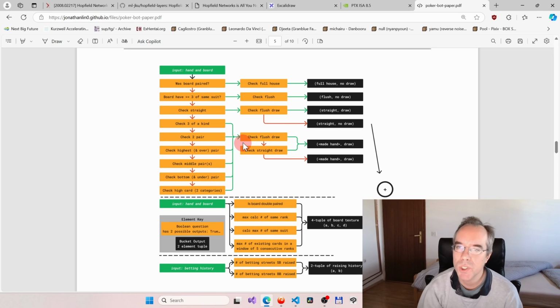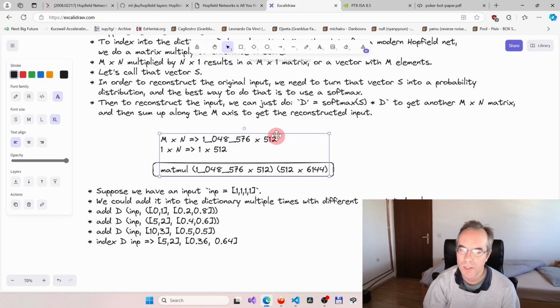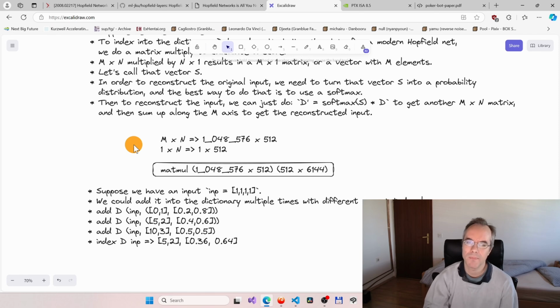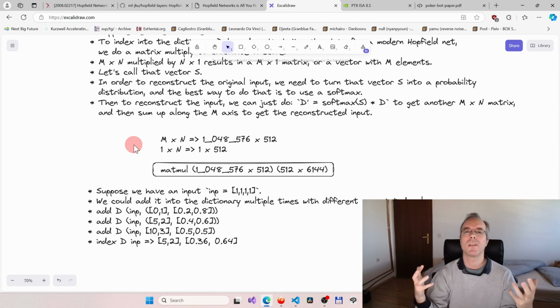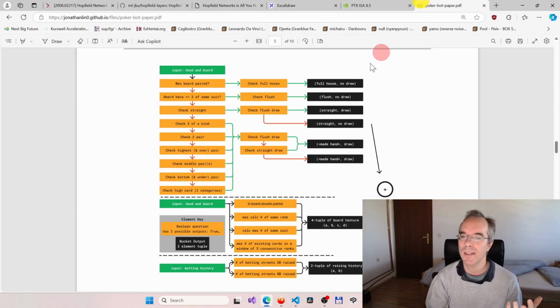But with an associative memory, we could add this very cleanly, and we'd be rewarded for basically adding new features instead of having to make very difficult decisions on how to actually architect this score function here.